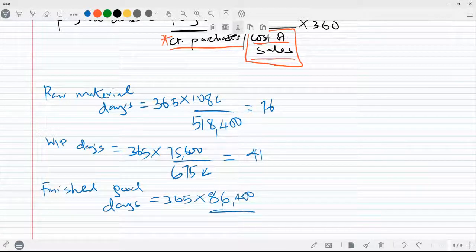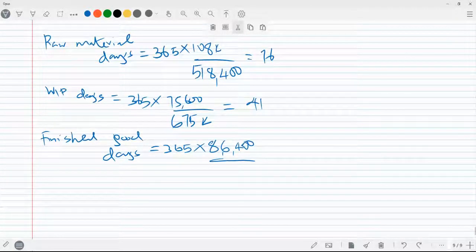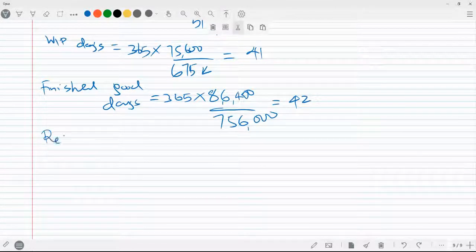We divide by the cost of sales, which will be the cost of goods sold, in this case equal to 756,000. To give us how many days? 42 days.